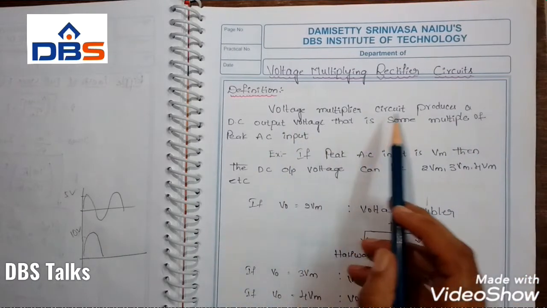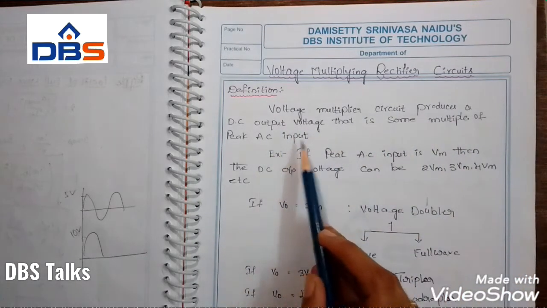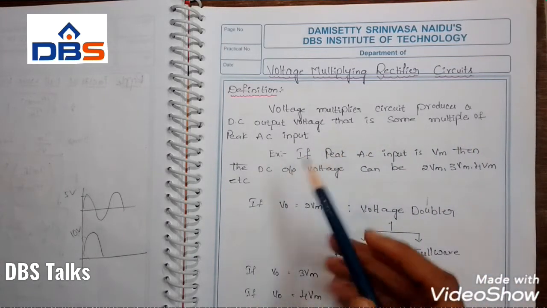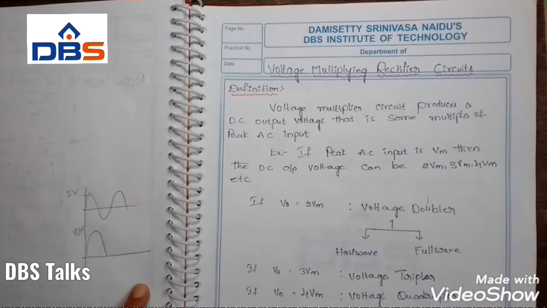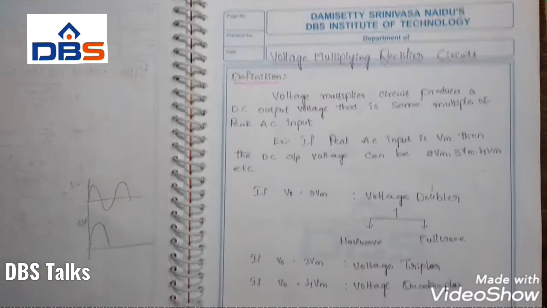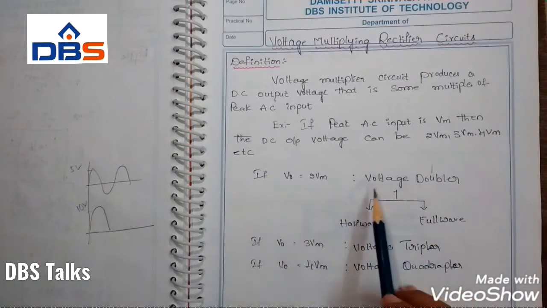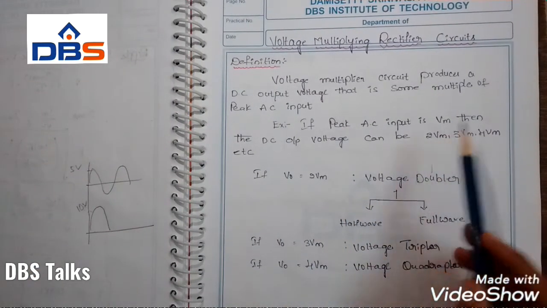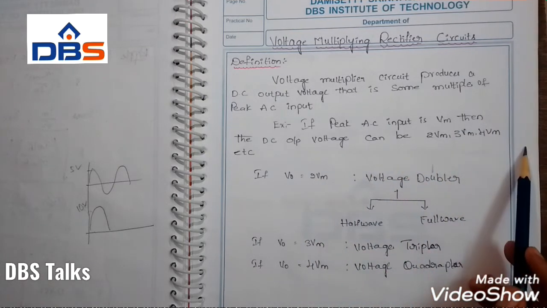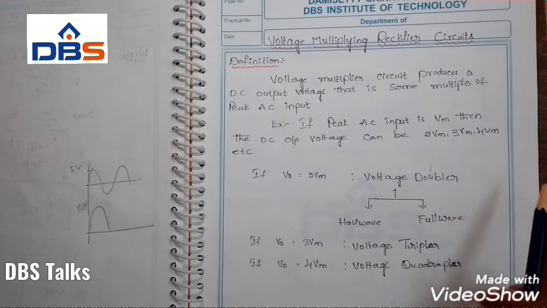A voltage multiplier circuit produces a DC output voltage that is some multiple of the peak AC input. So we get the output as DC only, but multiplied by some number. For example, if the AC input is Vm, then the DC output voltage may be 2Vm, 3Vm or 4Vm depending on the circuit.